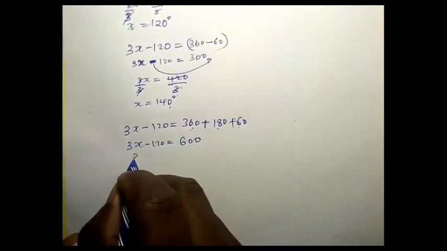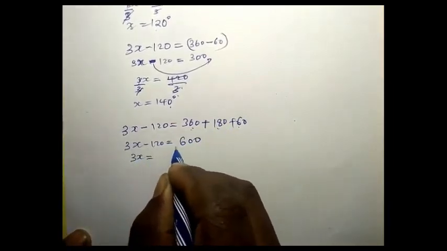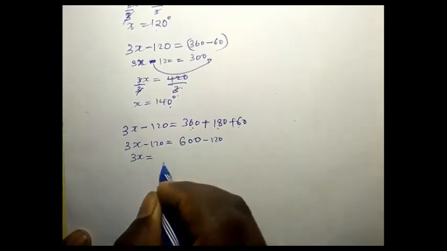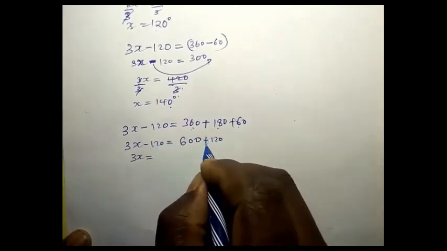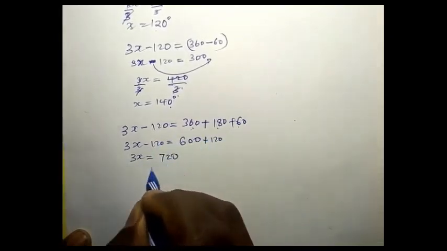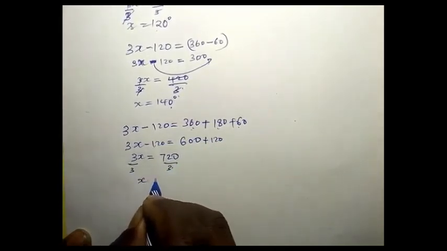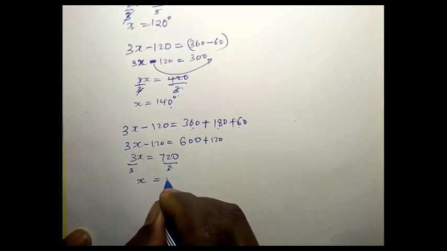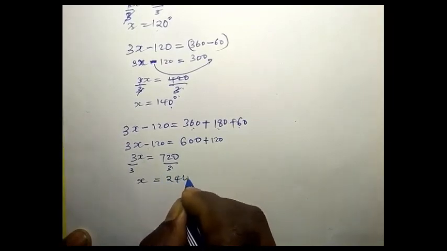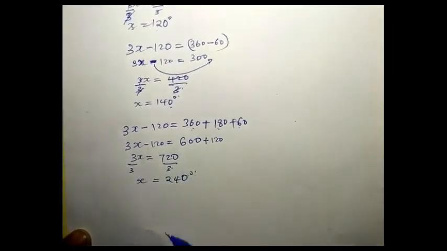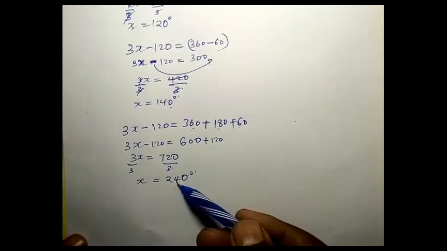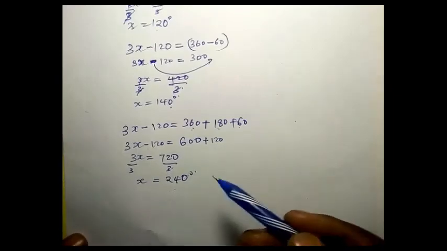Like terms together, 3x equals 720, divided by 3, so x will be equal to 240 degrees. Yet we have not reached the maximum, which is 360, so we continue.